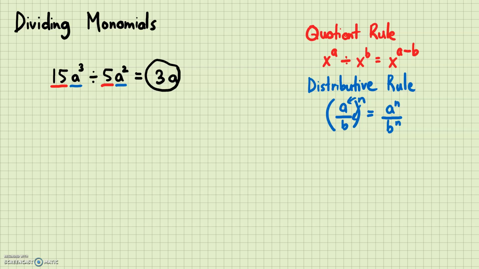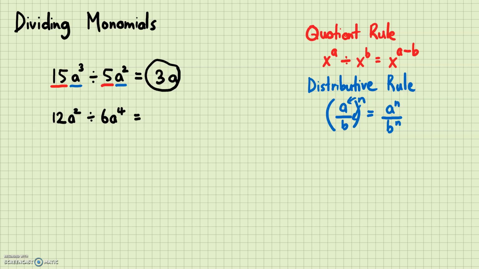Now this is a simple problem, so we could just find our answer like this. But sometimes our problem gets a bit more complicated. For example, if we have 12a squared divided by 6a to the fourth. Now this doesn't look that complicated, but the tricky part is we have a smaller power in the front and a bigger power in the back.